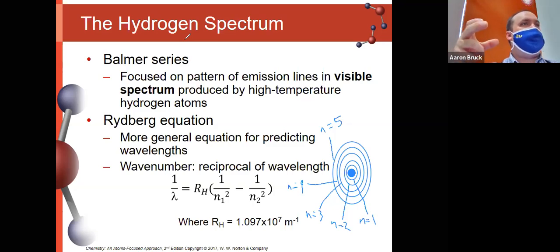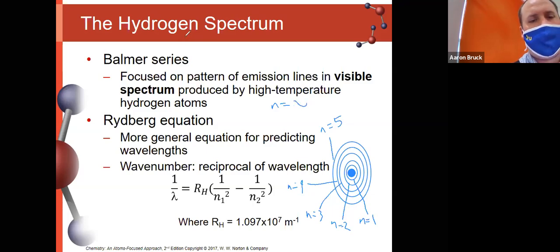The gap between the second and the third is the next biggest. And they get smaller and smaller, and the energy levels get closer and closer together as you go further and further away, to the point where when n is equal to infinity, we consider that electron to be gone, lost.